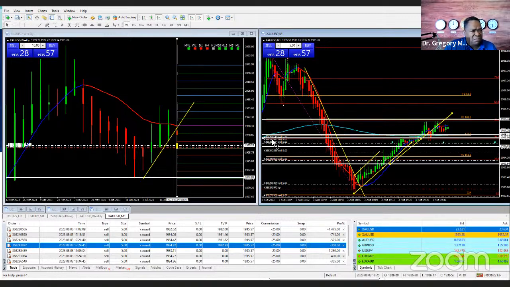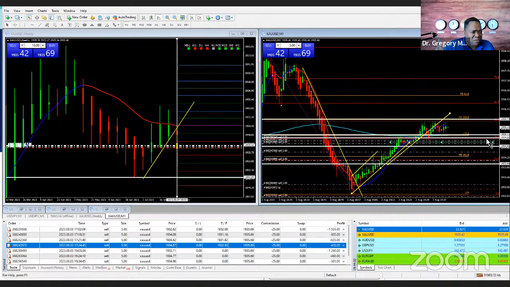Well, in a counter trend move, these should be accumulated sell positions, right? So they're building the boat, they're building the train to head south. They're building the southbound train.